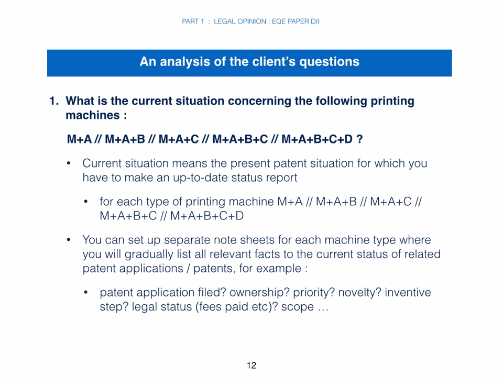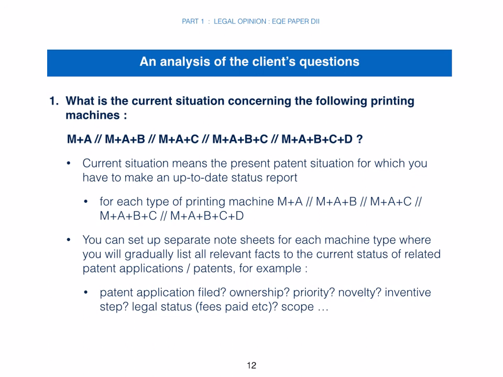You can set up separate note sheets for each machine type where you will gradually list and gather all relevant facts to the current status of related patent applications and patents. For example, you may want to look for the following types of information. Is there a patent application? Has it been filed? Who is the owner? Is priority claimed?